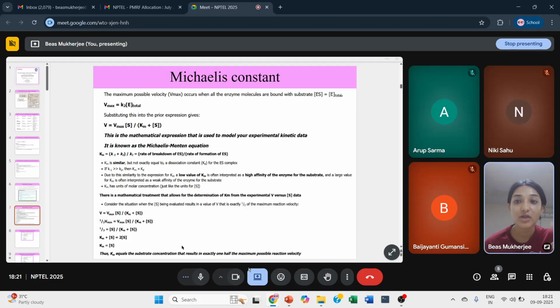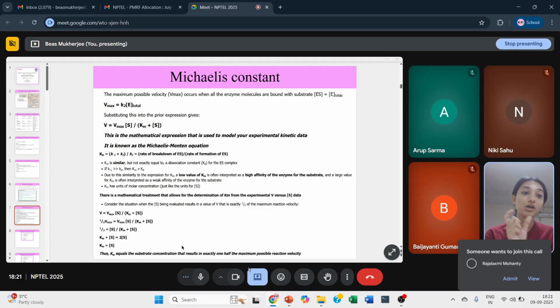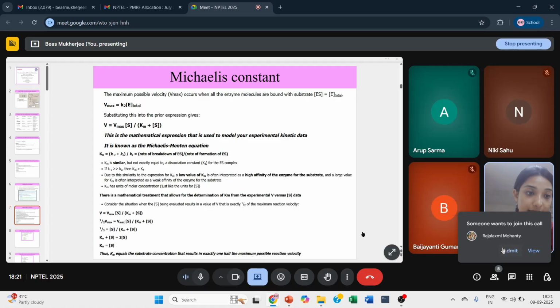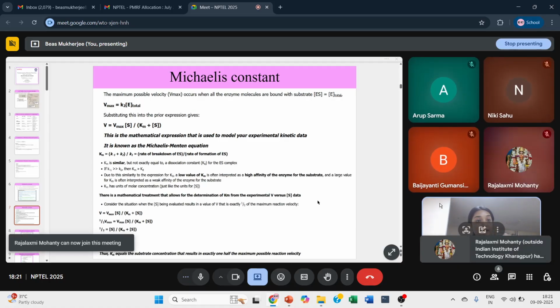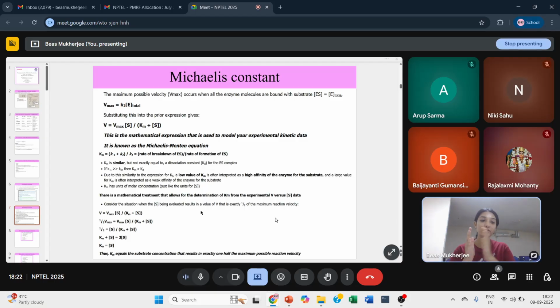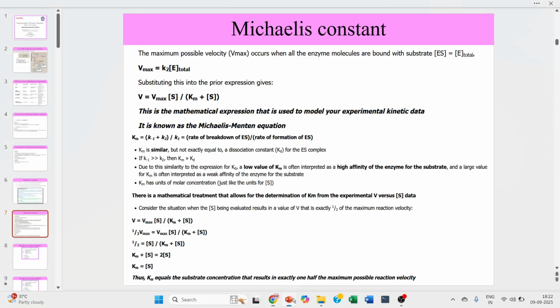Now, based on all of this, if you take the value of V, that is the initial velocity, to be half of Vmax, and if you substitute that into the equation, then you get that Km is equal to S, the substrate concentration. So that means when velocity of the reaction is half of Vmax, the substrate concentration is your Km. Okay, that much is clear by now, hopefully.